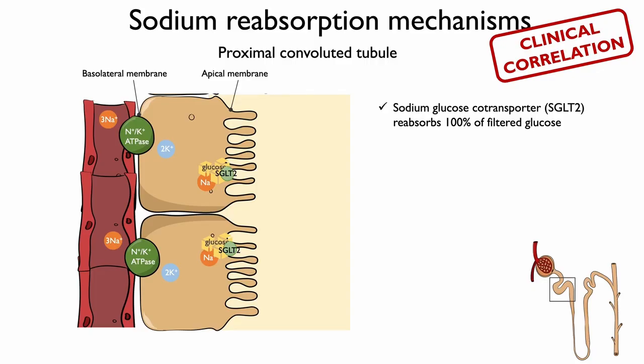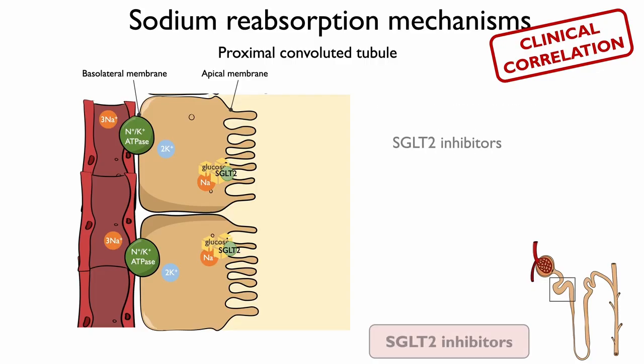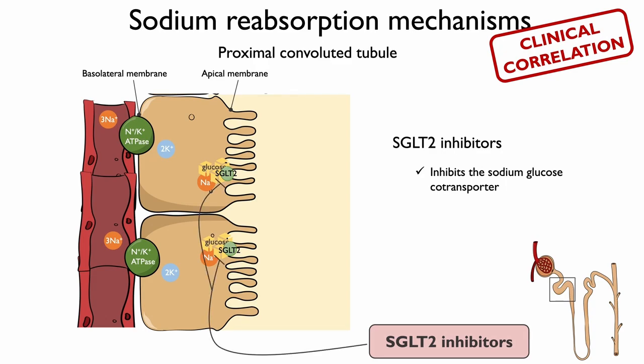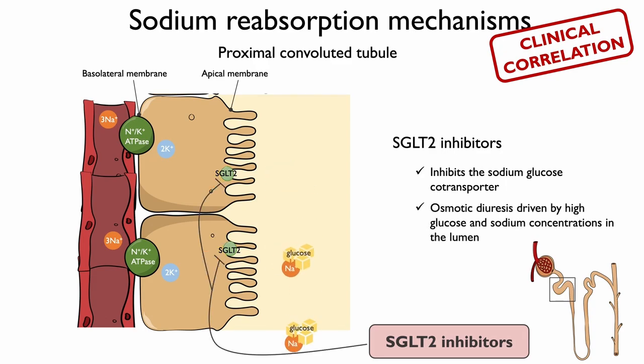Sodium-glucose co-transporter 2 inhibitors, also known as SGLT2 inhibitors, like empagliflozin, dapagliflozin, and canagliflozin, inhibit these co-transporters, resulting in sodium and glucose remaining in the lumen. High sodium and glucose concentrations in the lumen create an osmotic diuresis driven by these concentrations.